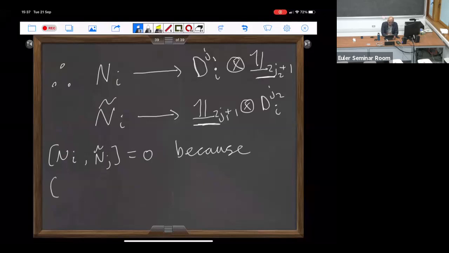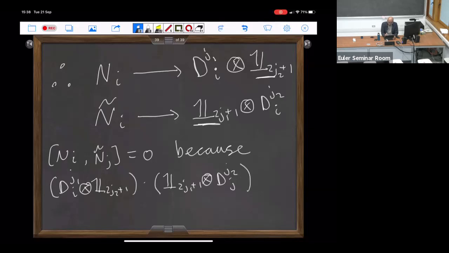So the point is that if I take this matrix and multiply it by this matrix, now for the I can be different to the J, this is equal to, from the rule that we saw before, dj1 times the identity, which doesn't do anything, tensor dj2 J.